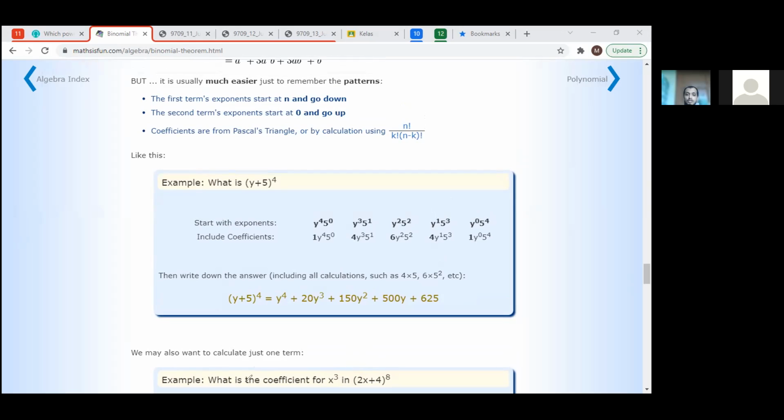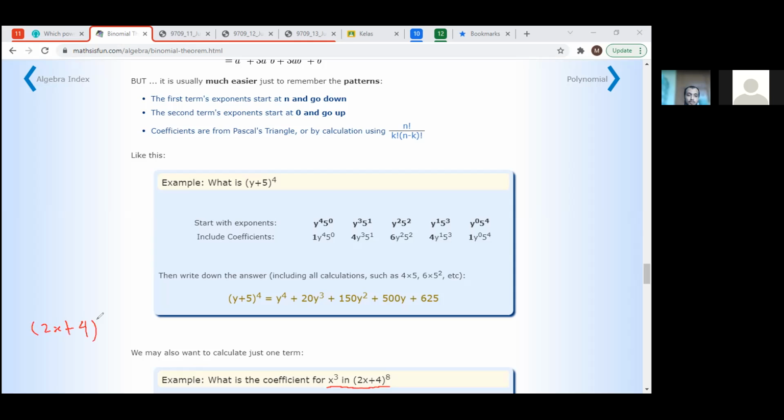So let's look at this example. What is the coefficient of x cubed in (2x plus 4) to the power of 8? Let's try to expand this.